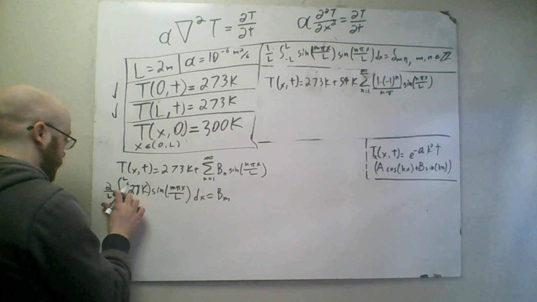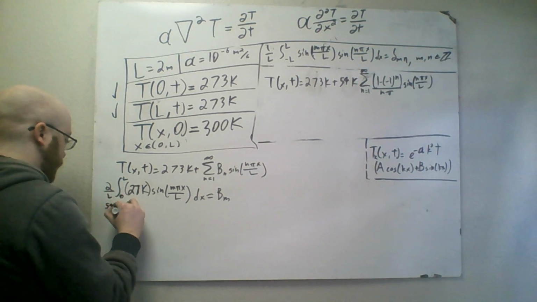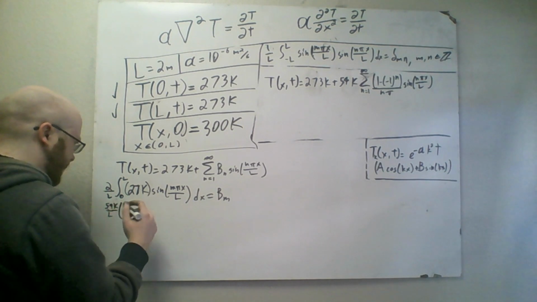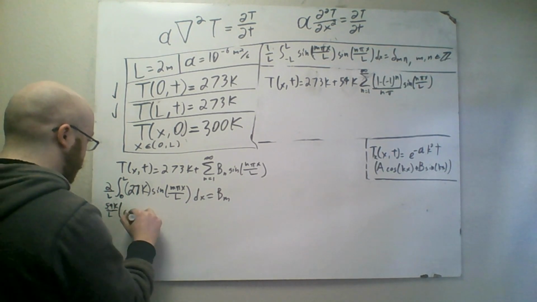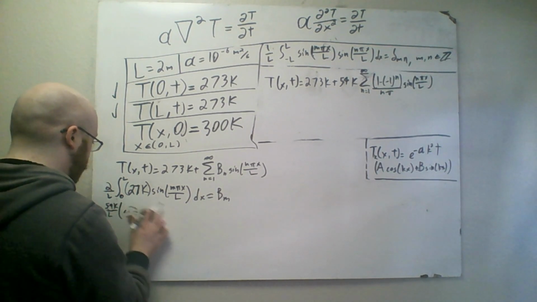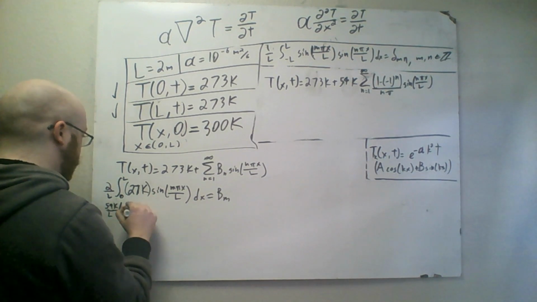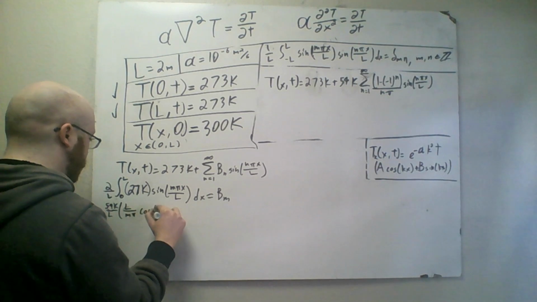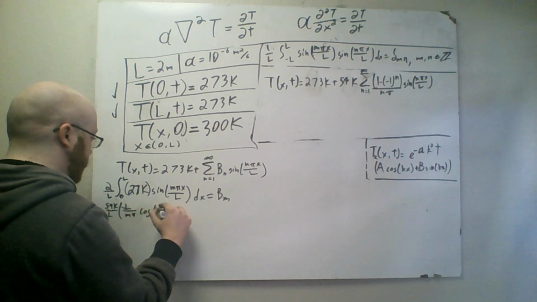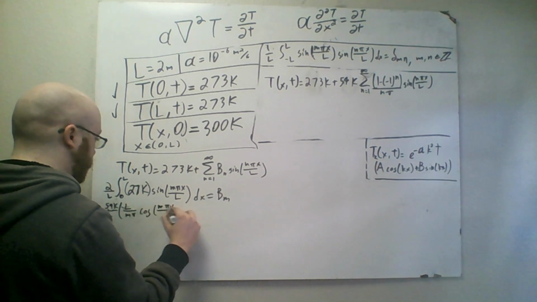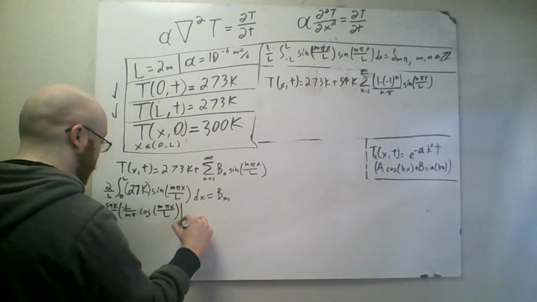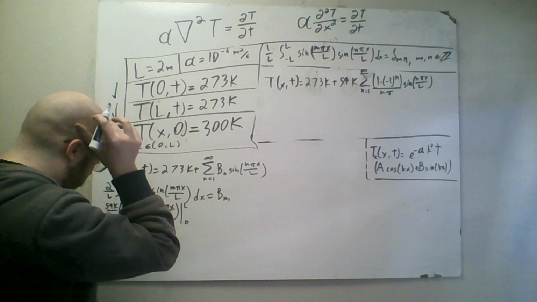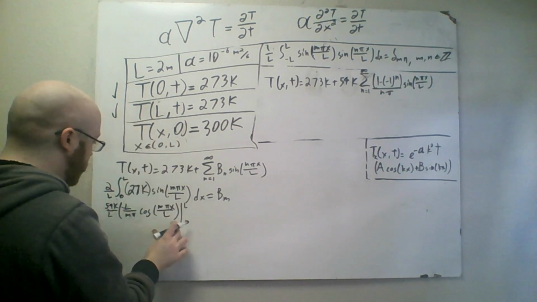times 54 over 4 Kelvin. Times cos, L over m pi. There we go. Cosine x over. Anyway, so we plug in 0.